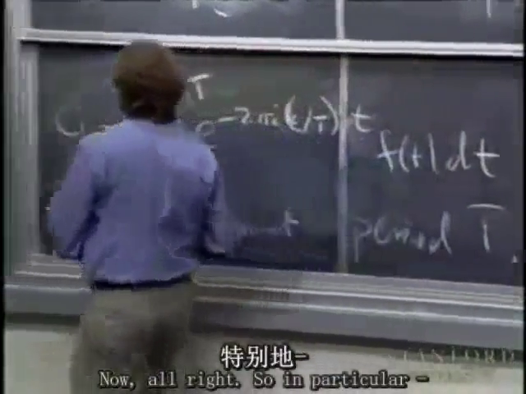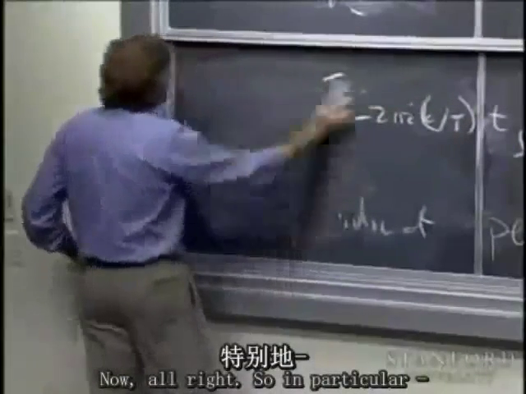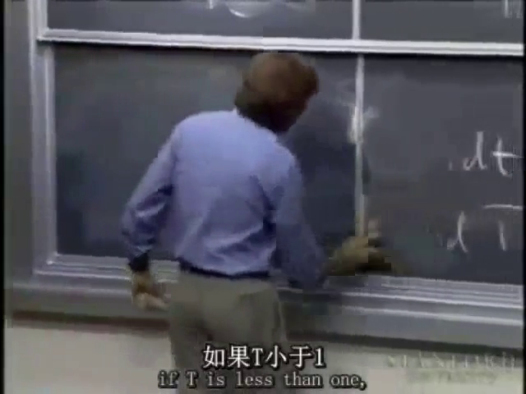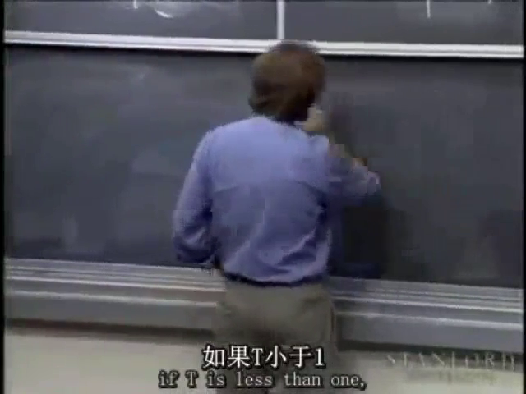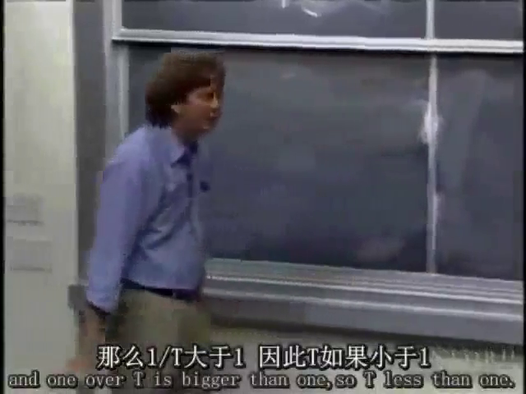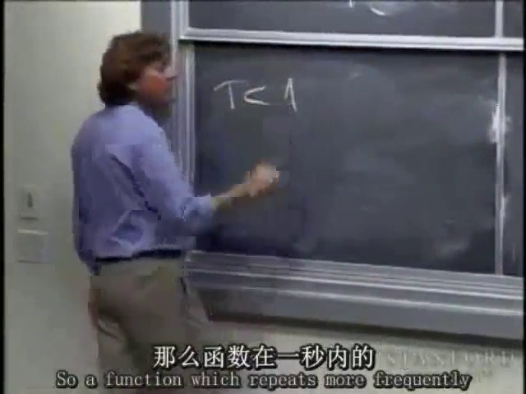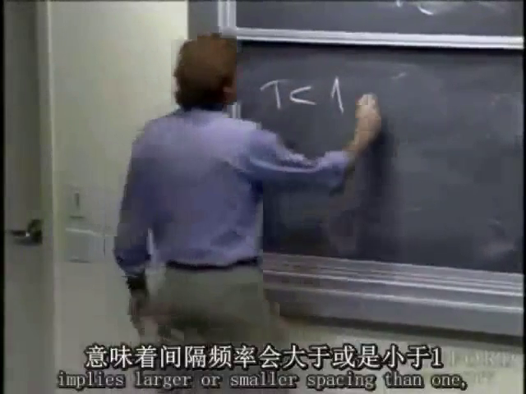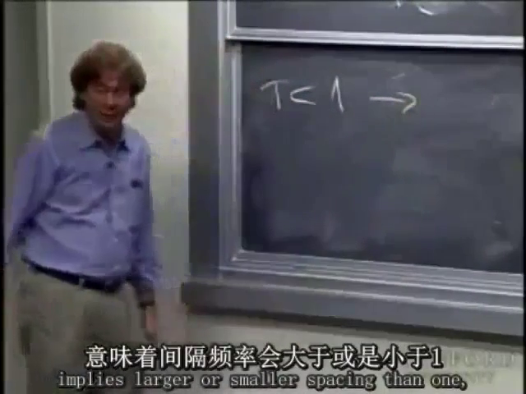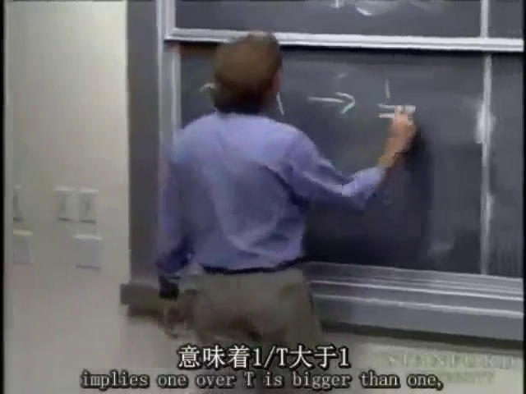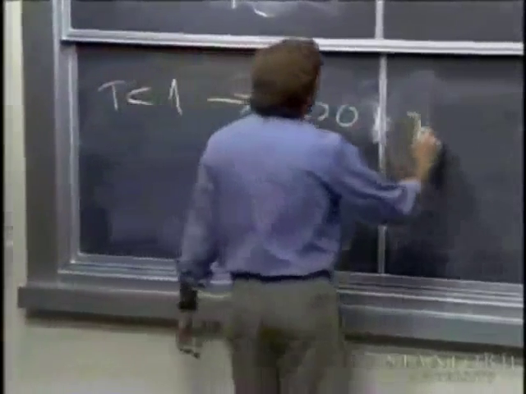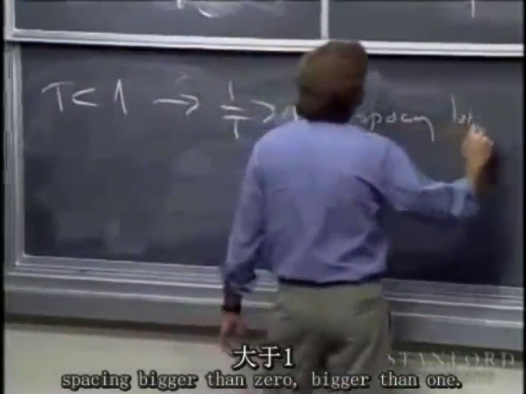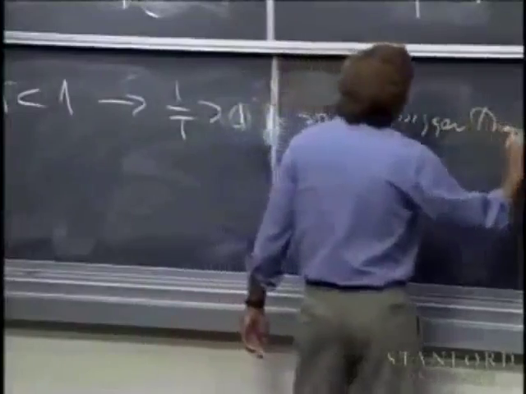Now, all right. So in particular, if T is less than 1, then 1 over T is bigger than 1. So T less than 1, a function which repeats more frequently than once a second, implies larger spacing than 1. It implies 1 over T is bigger than 1, so the spacing is larger. All right?